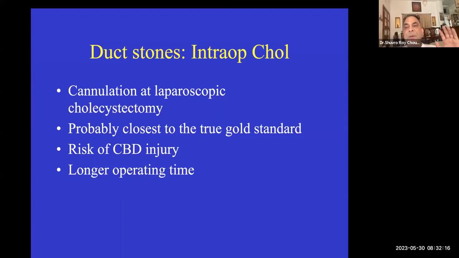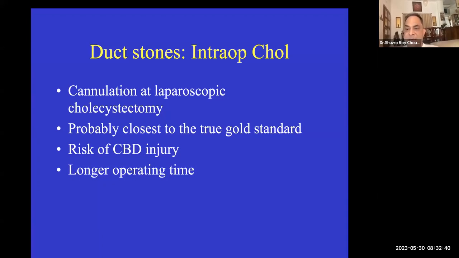My problem with calling any one technique a gold standard is this. When I was trained to do EUS, we were taught that EUS is the gold standard. So I asked this simple question: what is the percentage of success of visualization of the whole bile duct?